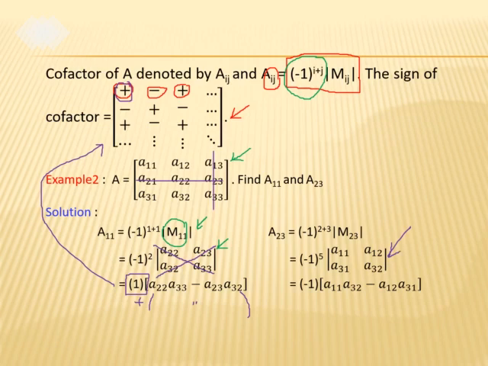Okay, negative 1 power of 5 is negative. So kalau you nak guna sign of cofactor here, A23 is duduknya di sini. So just terus boleh dapatkan negatif. Okay, itu cofactor. Next.